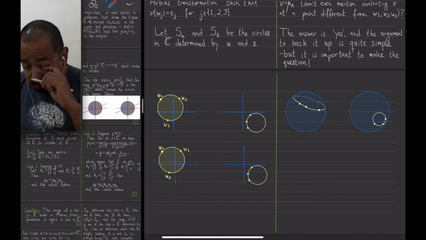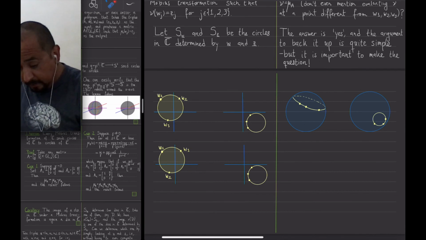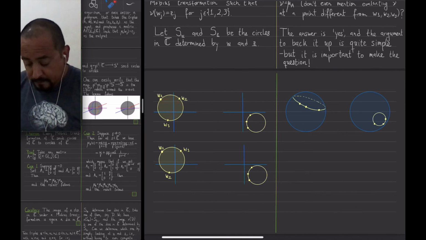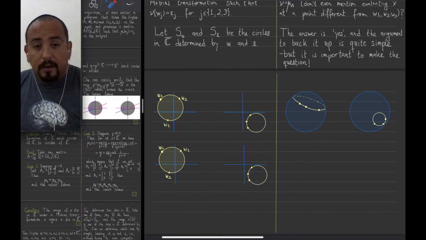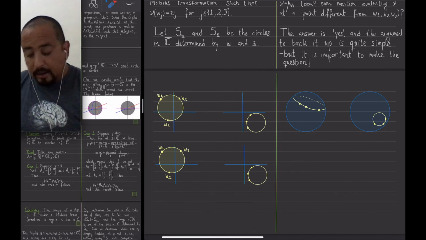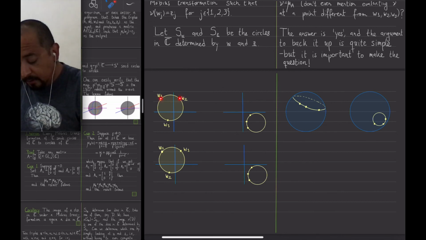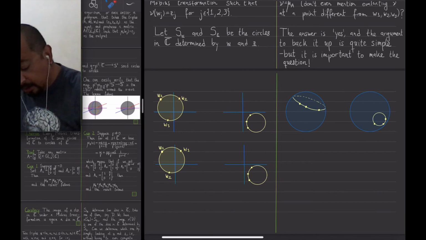What must happen, for instance in this case where the orientation of the disk is clockwise, and I look at the images of these three, which are Z1, Z2, Z3.